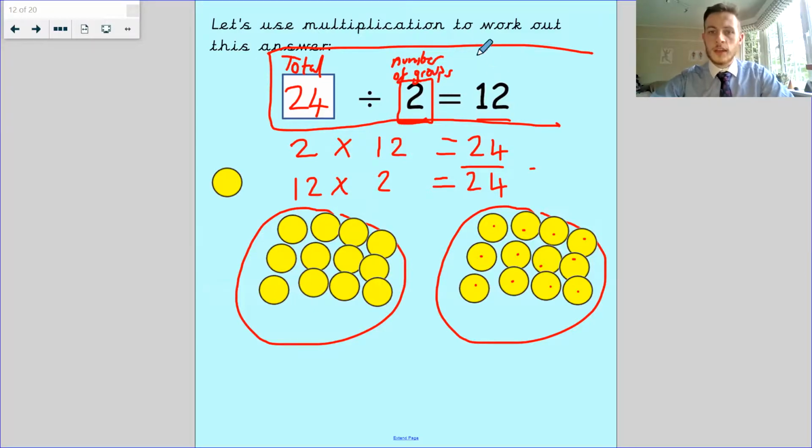And this one is always going to be how many in each group. Now, I'm sorry my handwriting is not the best. We are in maths. So total, how many yellow dots have you got all together? How many groups have you got? 1, 2. How many in each group? I had 12. And that's where my numbers have come in.